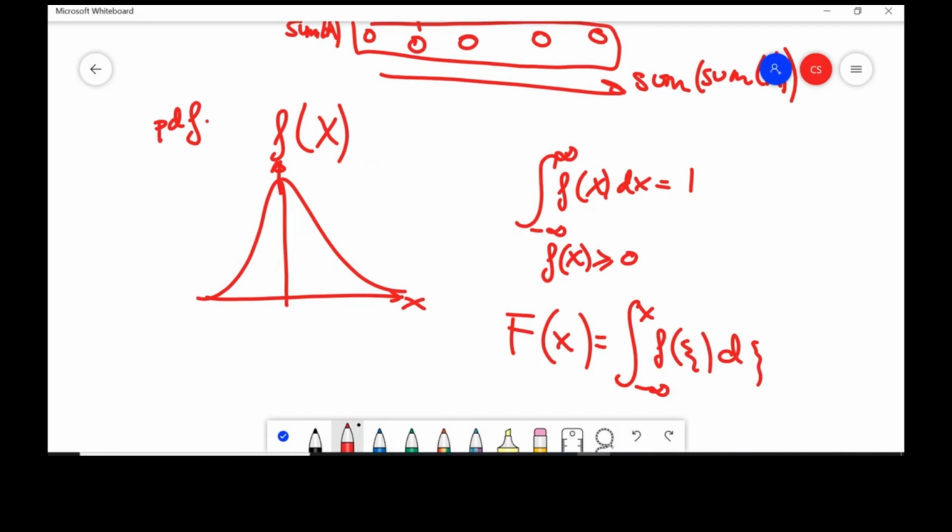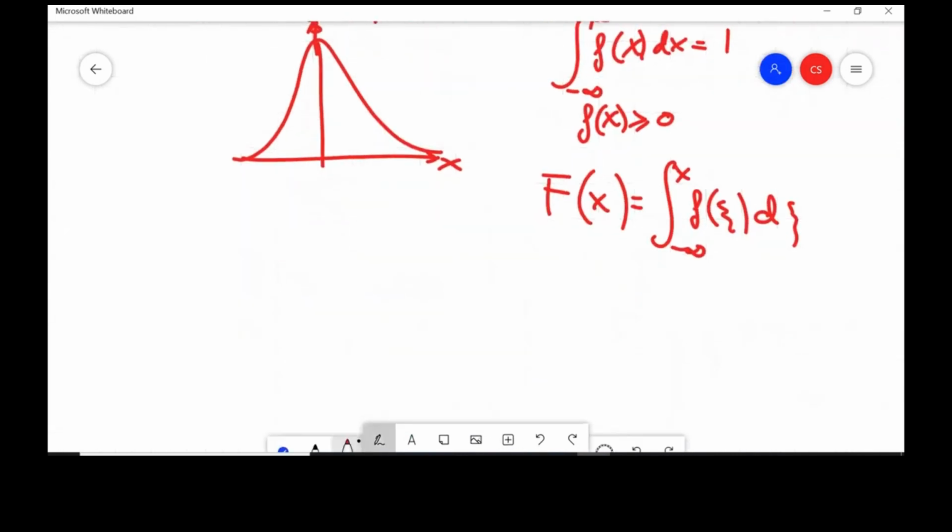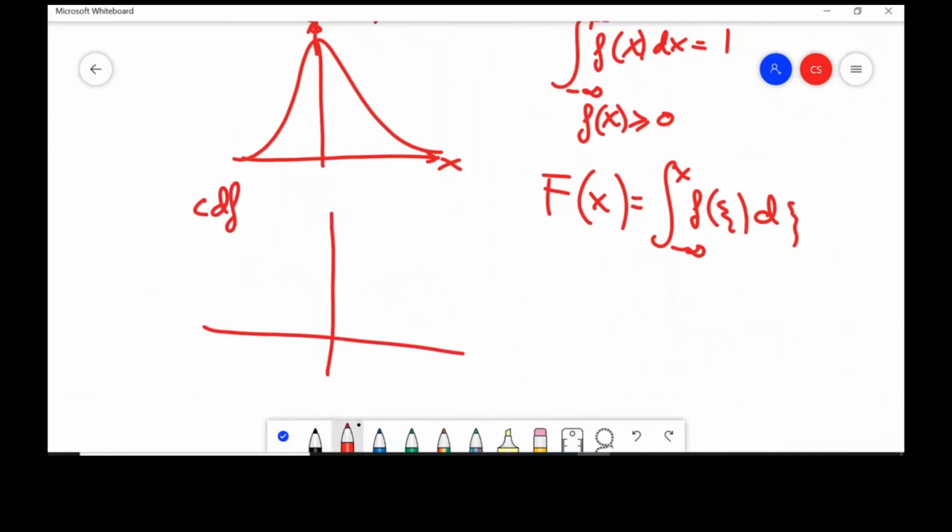How does it look for a Gaussian? What is the cumulative density function of a Gaussian? This is x, this is F of x now. How does it look? Kind of sigmoid. And this sigmoid, can you give me some values?